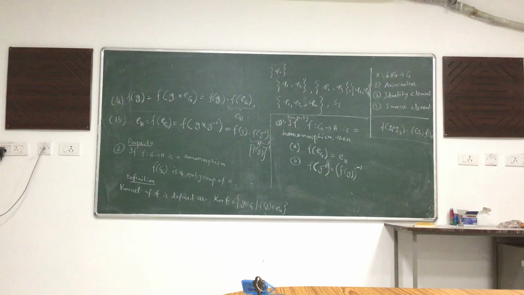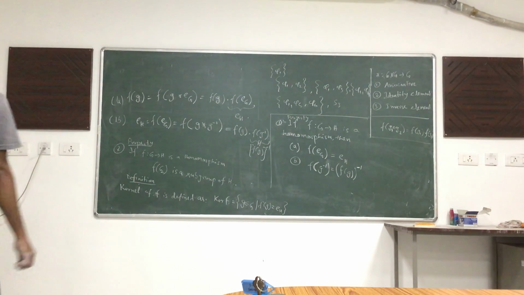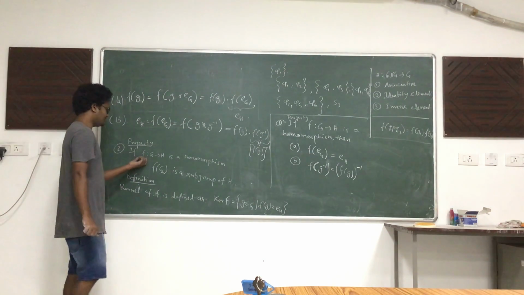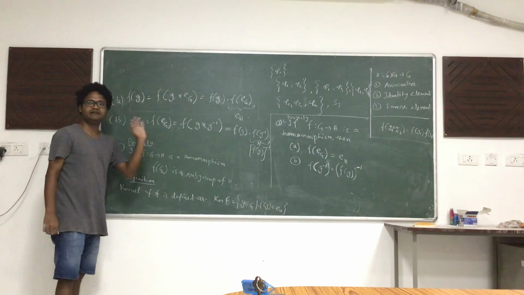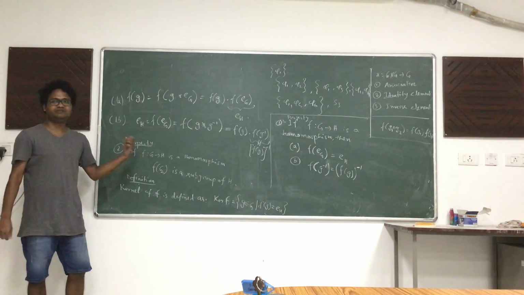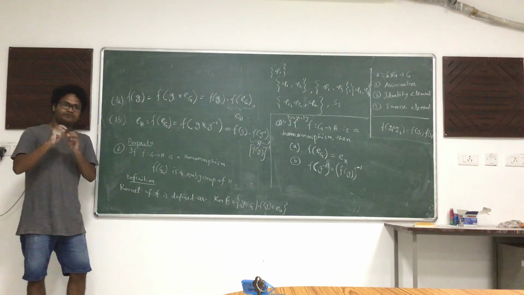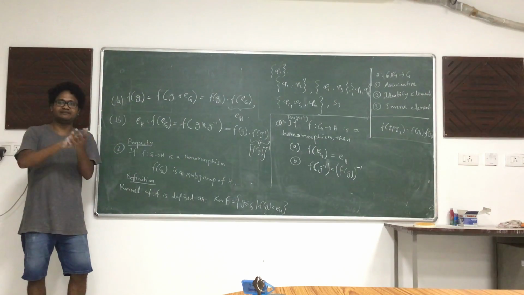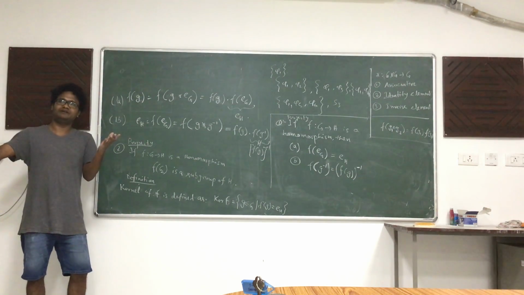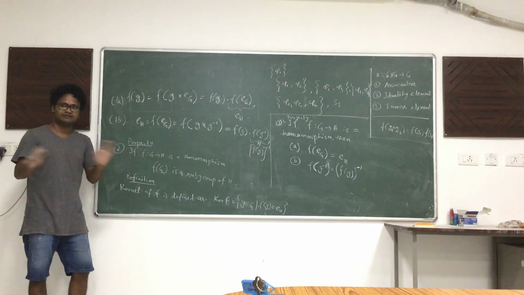When we define a function or mapping, we don't need to specify any structure. Function is always thought of as one element being sent to one element in the second set. That's the most general function.